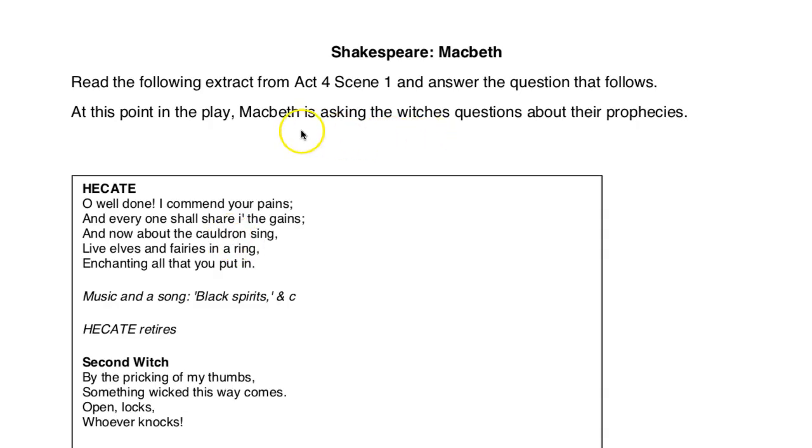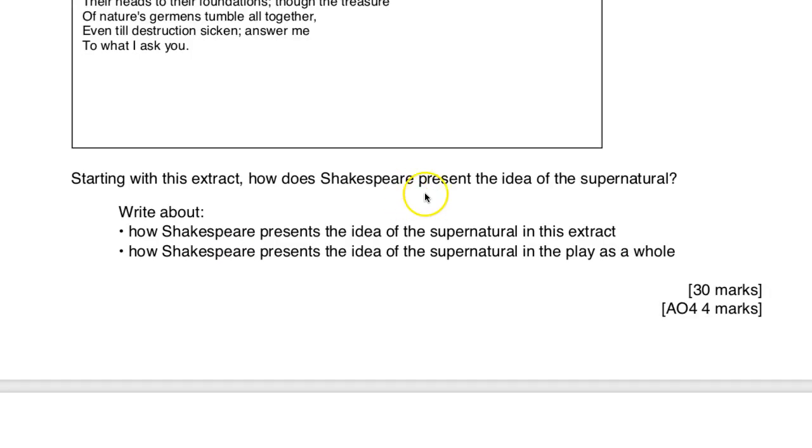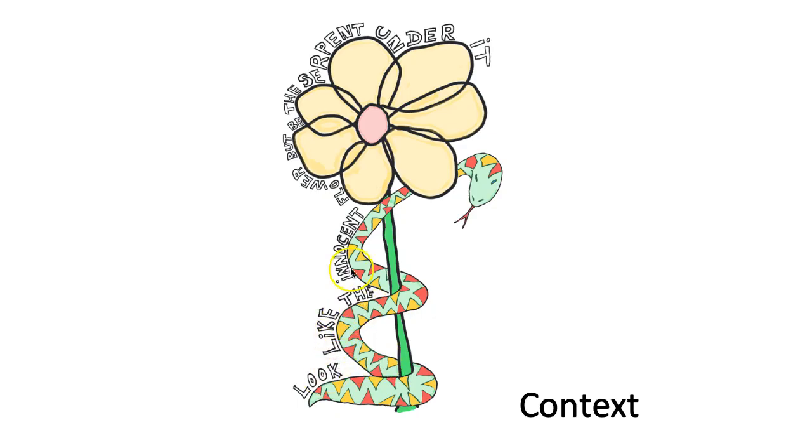Next, we have a question about the witches, and I'm hoping you can guess that the question will therefore be about the supernatural. So now I go back to this quotation, which suggests that it might not be the witches who have influenced Macbeth the most. We could argue his wife has influenced him the most.